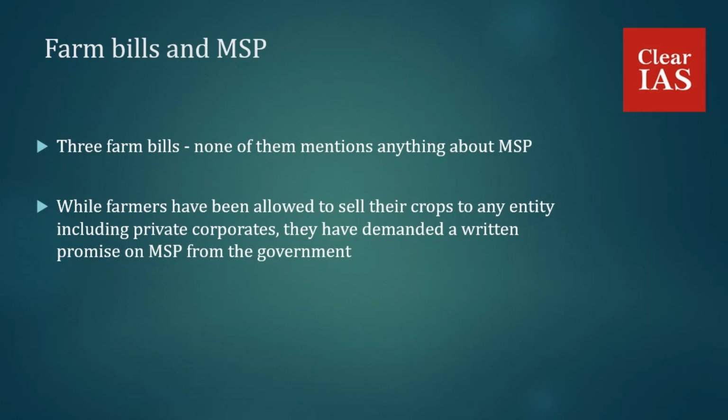While farmers have been allowed to sell their crops to any entity, including private corporates, they demanded a written promise on MSP from the government, as they are afraid that corporates will start exploiting them in the absence of a minimum support price. So that is the fear of the farmers, that the MSP system will eventually fade away, and it will affect their income.